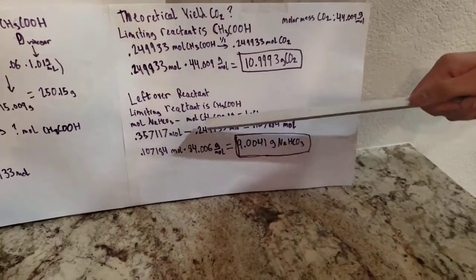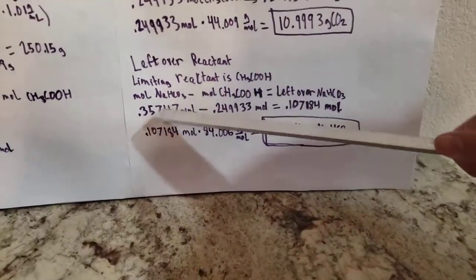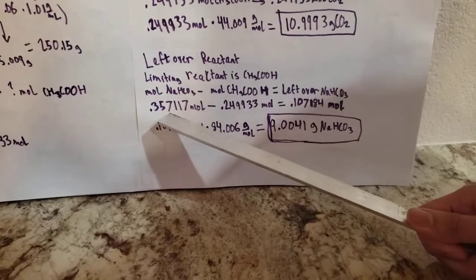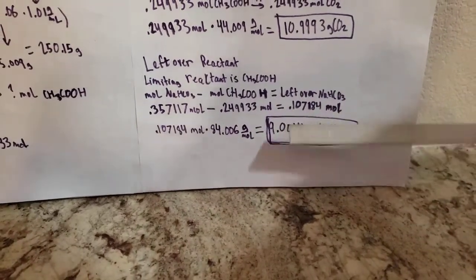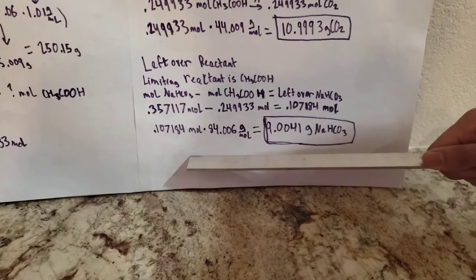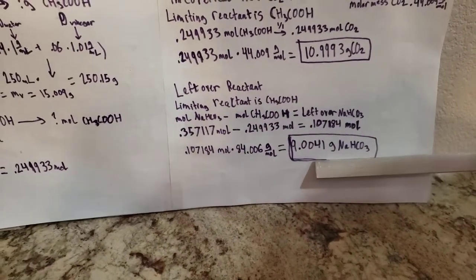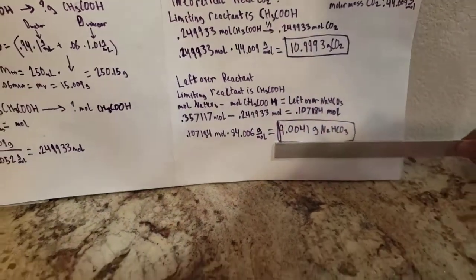For the leftover reactant, we would subtract the moles of vinegar from the moles of baking soda and come up with this many moles, which we would then multiply by the molar mass of the baking soda to come up with this many grams of baking soda left over.